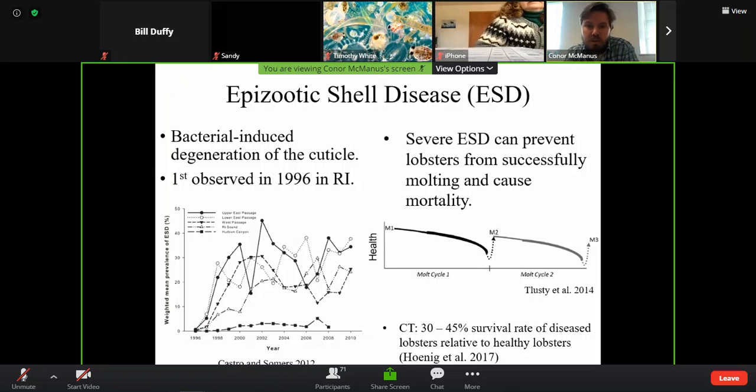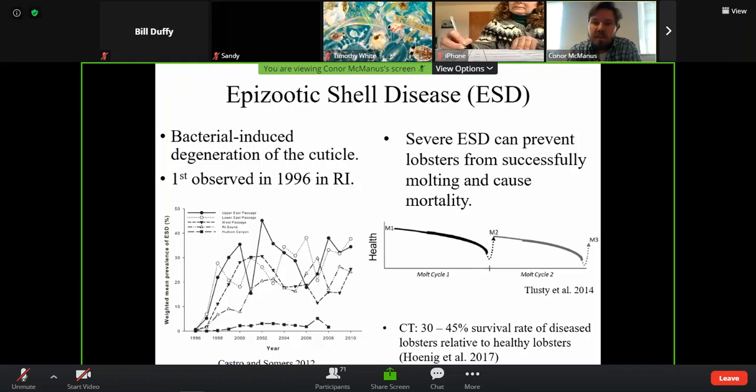In this theoretical model, looking at health on the y-axis and successive molt cycles for lobster, you can see that during the molt, if health were to decrease, particularly with enhanced shell disease, as health declines, yes, you can technically molt out of a shell disease carapace to improved health, but not necessarily to a health that you once were prior to your molt. And with successive molts, you might continuously lose health to a point of mortality.